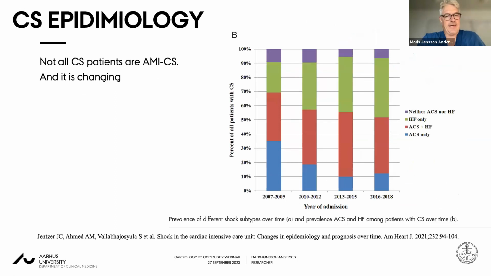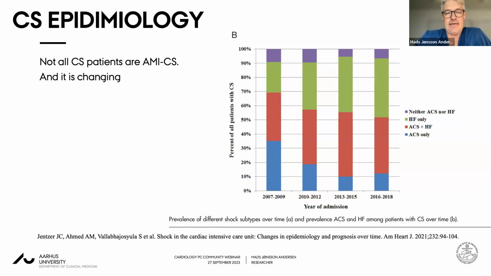We have now seen that cardiac power output is highly prognostic in cardiogenic shock associated with acute myocardial infarction. But not all cardiogenic shocks are caused by MI. These are data from more than 1,800 patients with cardiogenic shock from the Mayo Clinic at Rochester, Minnesota, from 2007 to 2018.